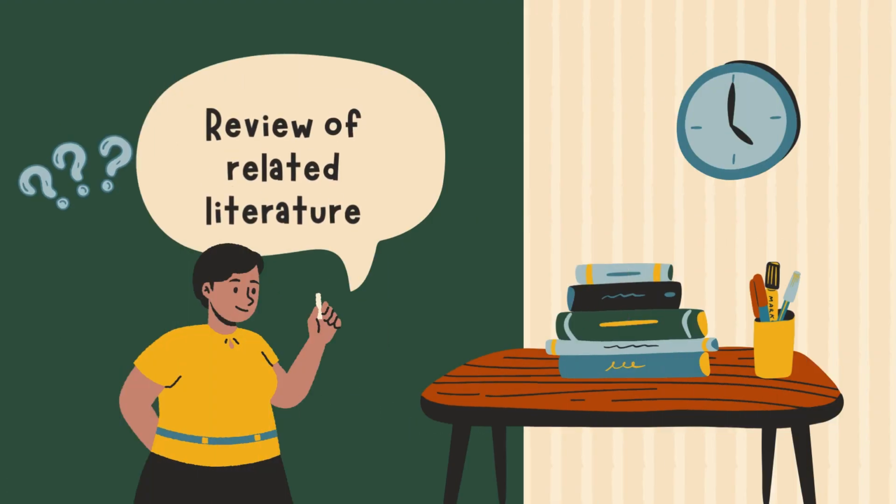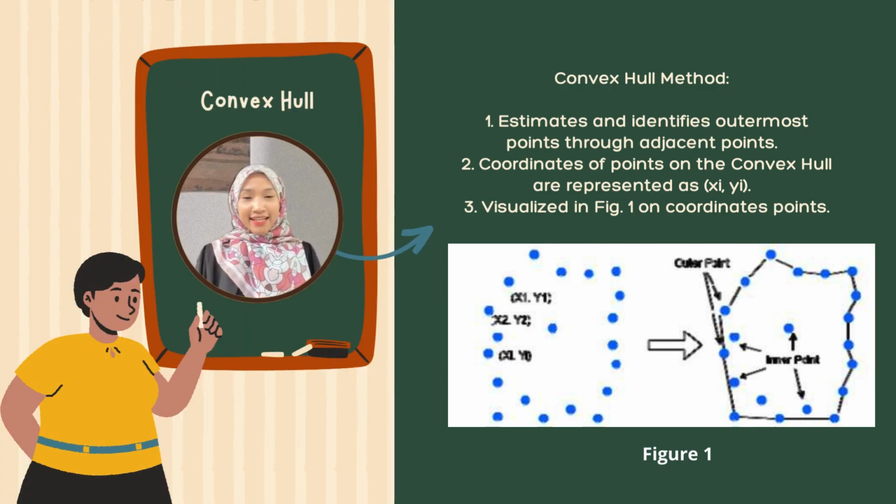Review of related literature. Assalamualaikum and hi. Today I will present to you the review of related literature about convex hull and Graham scan, and the workflow of Graham scan. Convex hull method. First, estimate and identify the uppermost point through additional points. Second, coordinates of points on the convex hull are presented as x1, y1.